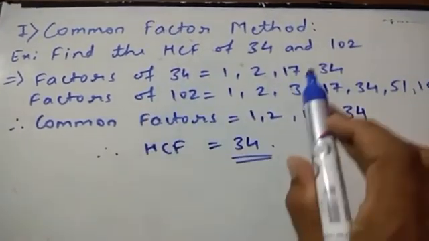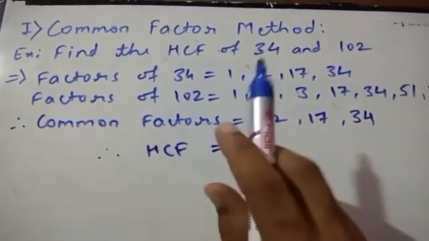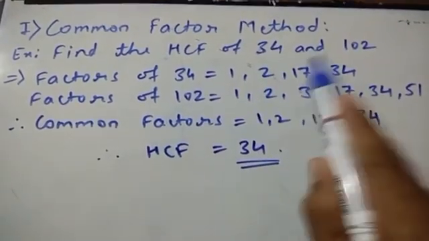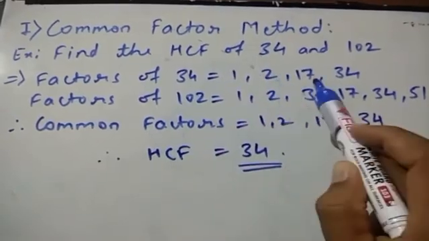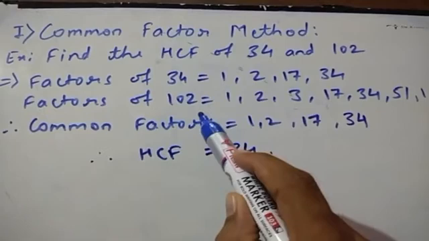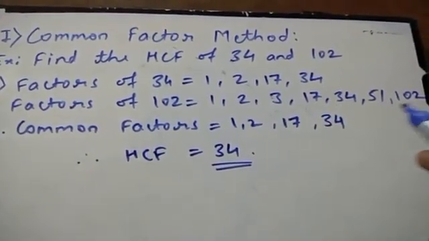Find the HCF of 34 and 102. First, we have to list all the factors of 34 and 102. The factors of 34 are 1, 2, 17 and 34, and the factors of 102 are 1, 2, 3, 17, 34, 51 and 102.